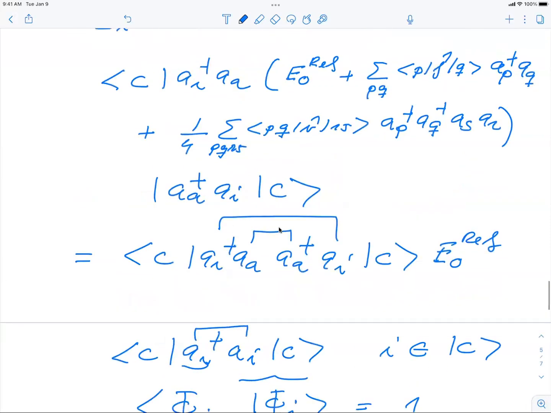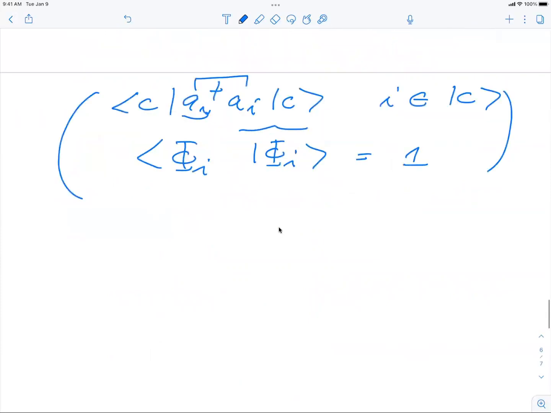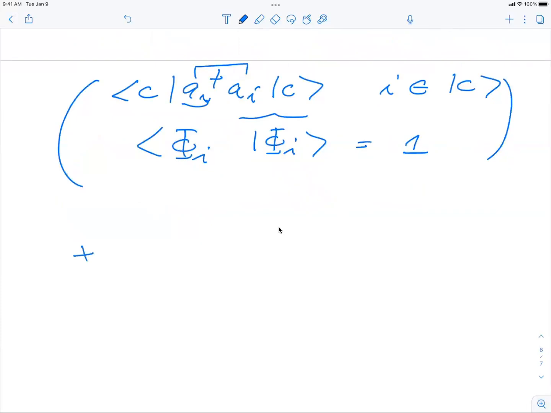So the second term, let me just put parentheses here to show that this is an intermediate calculation. The second term now has a sum over PQ. I have these matrix elements, P of F of Q, and then I have this vacuum state now.